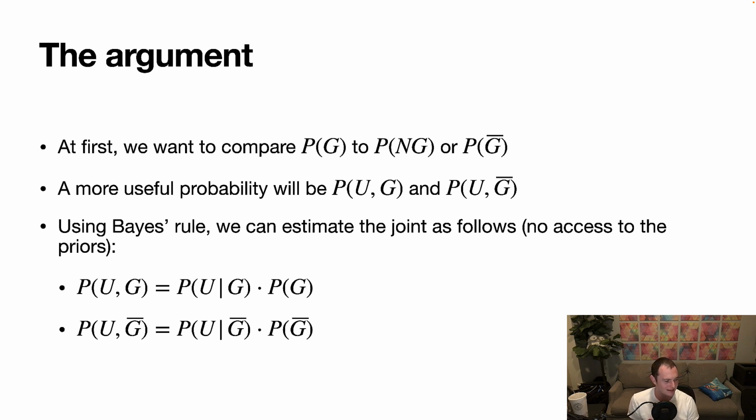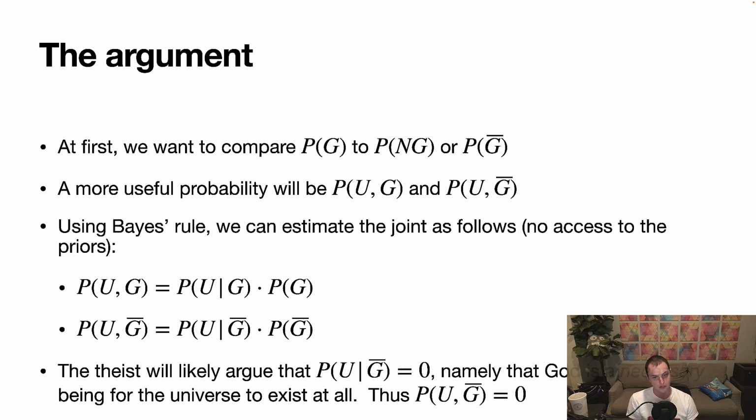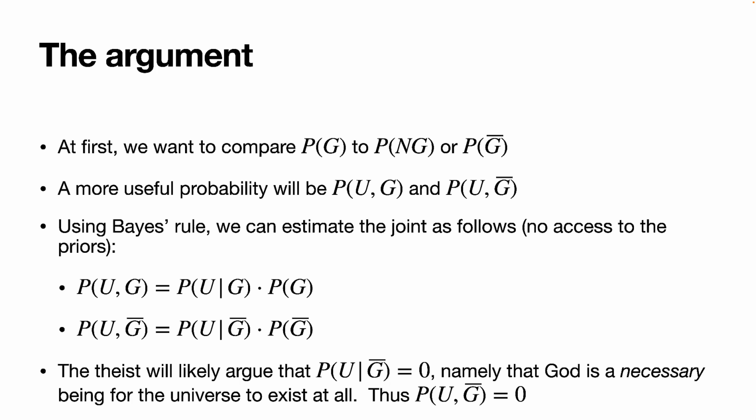Now, here's the leap. The theist will likely argue that P of U given not G is 0. The argument is that God is a necessary being for the universe, for logic, for mathematics, for anything to exist at all.